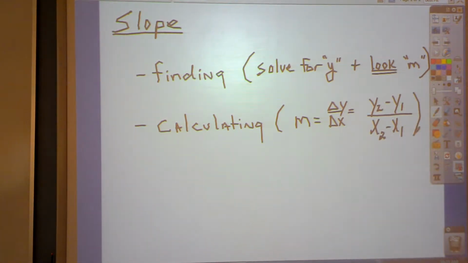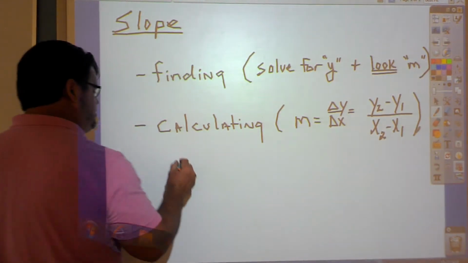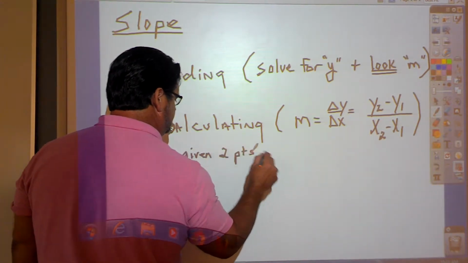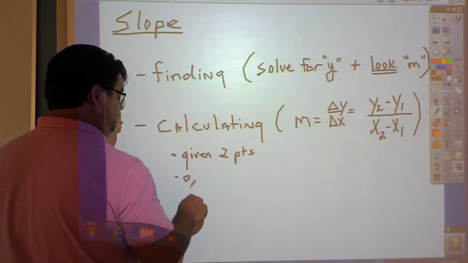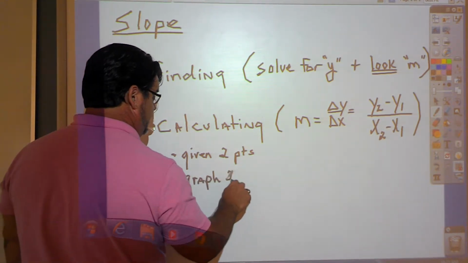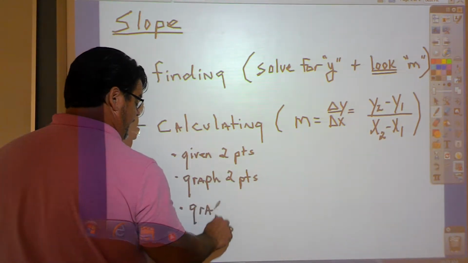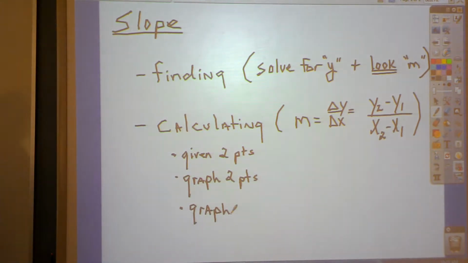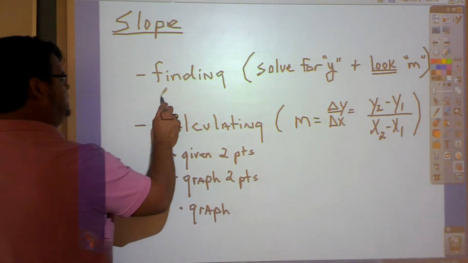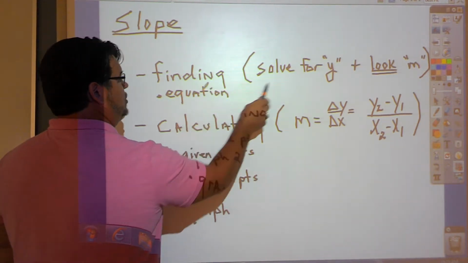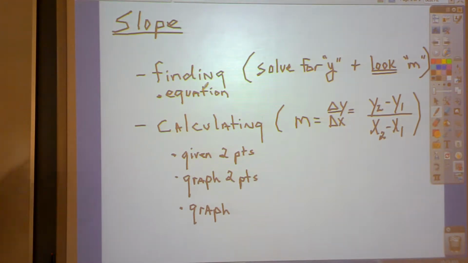Now that, calculating the slope, is when you're given 2 points, or you're given a graph with 2 points designated, or you're just given a graph and you pick the 2 points. So finding the slope, usually you're just going to be given an equation and you solve for y. So that's the difference between the two. And we'll do a couple of examples here in just a second.